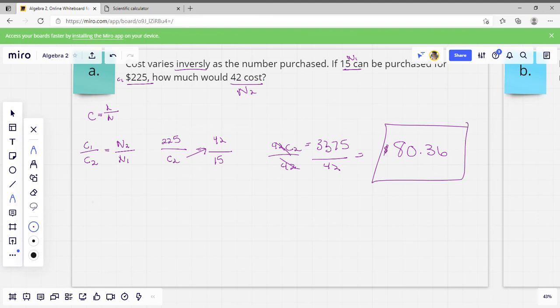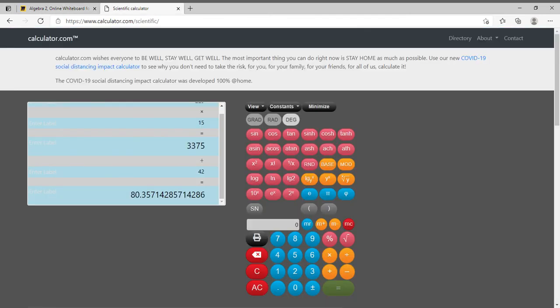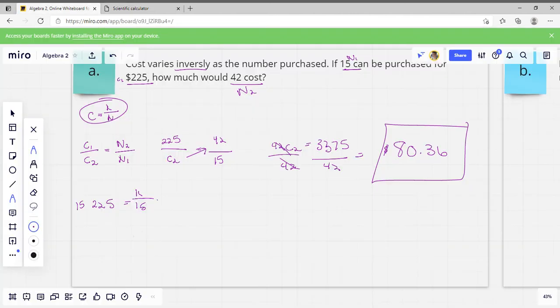Now, if you were going to work it the other way, you would say cost, which is 225, equals K over 15. Then you would multiply times 15. $3,375. So our K is going to equal 3,375.